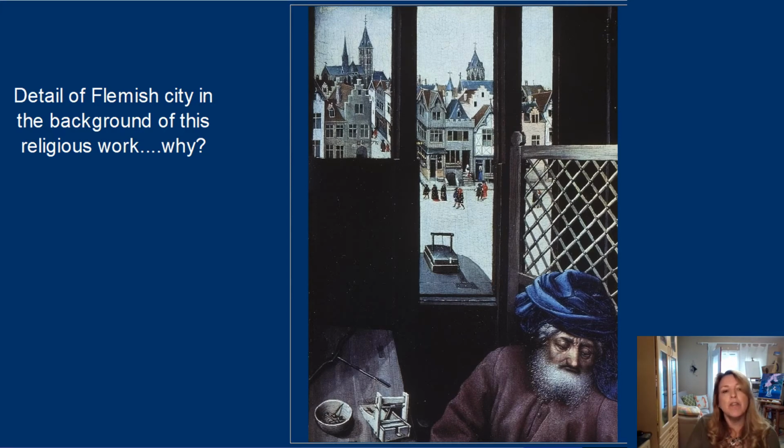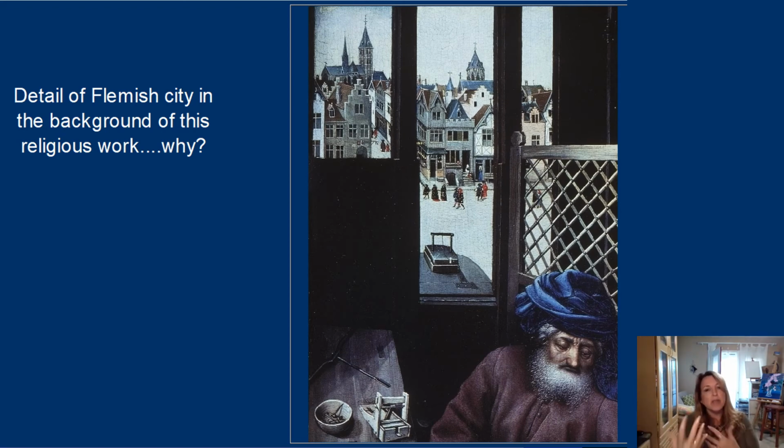So a detail of the Flemish city is in the background of this particular frame. And in the background behind the soldier, you can see architectural details that are reflective of a Flemish town as well. Why? Well, they believe it was to make it more accessible. So that, for instance, if you were looking at the triptych in this time period, then you might see a view of LA in the background.